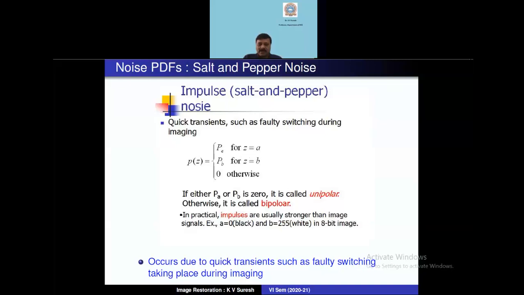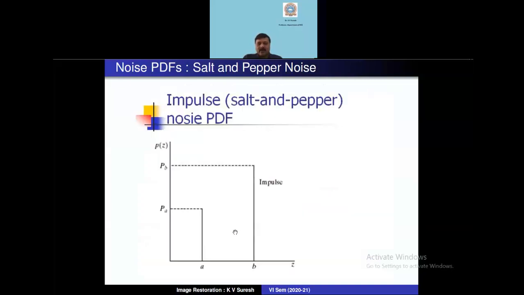A high pixel value is an example of salt noise, and a very low pixel value is an example of pepper noise. Okay, so ideally salt noise can be 255 and pepper noise can be 0, and this is the distribution curve. Simple. So it takes only two values A and B, with the corresponding probabilities.